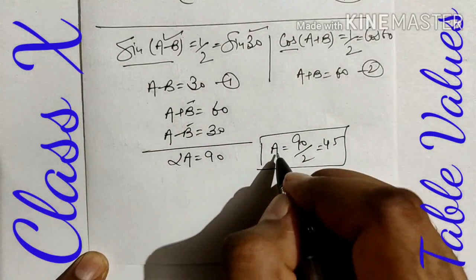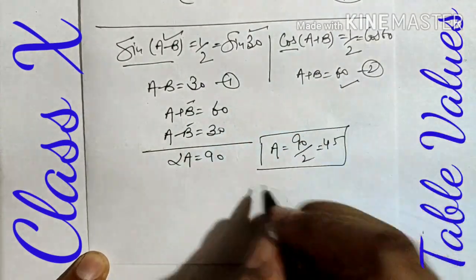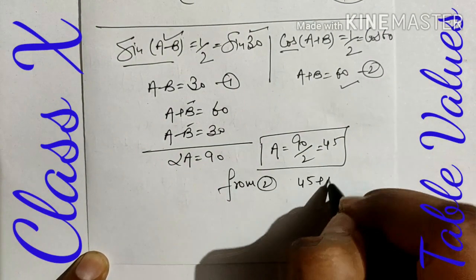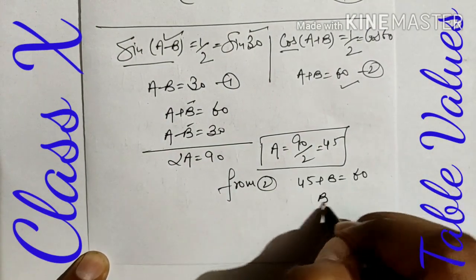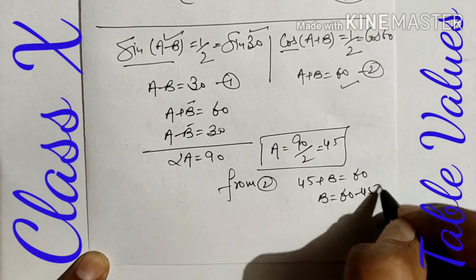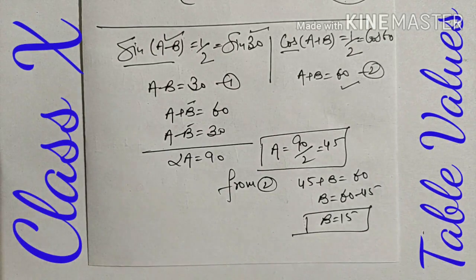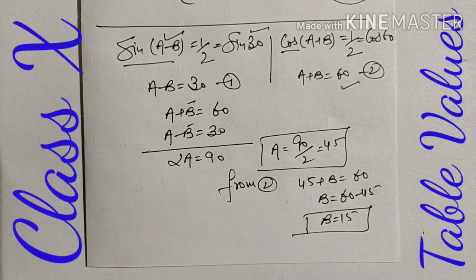And if we use A equal to 45 in the second equation, we write 45 plus B is equal to 60. By shifting we get the value of B, which is 15. Like this we can find out the angles. So we can use the table also.